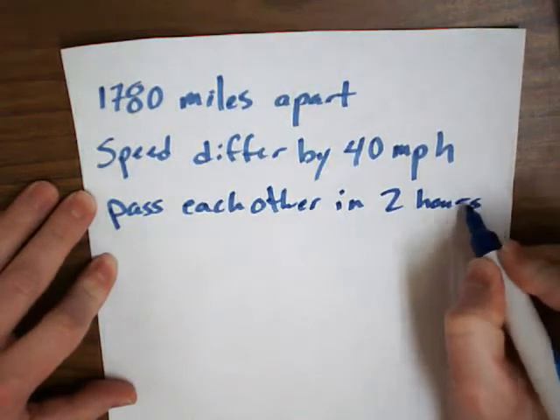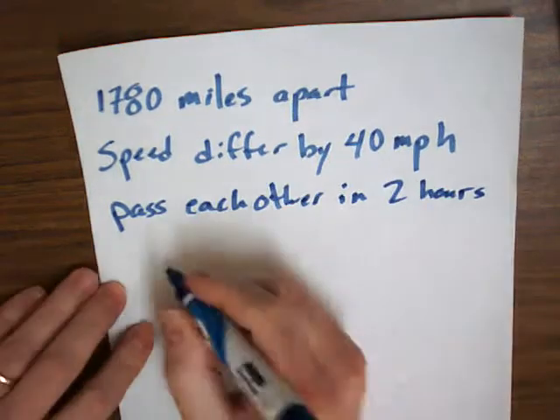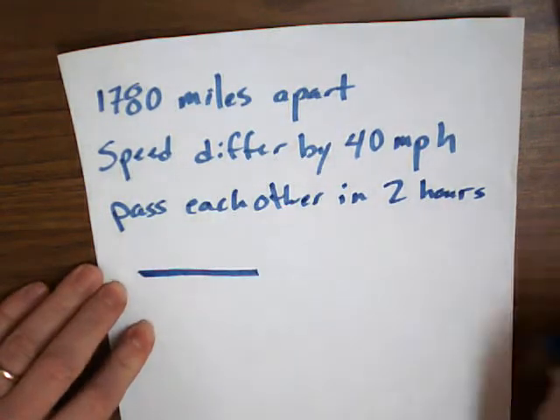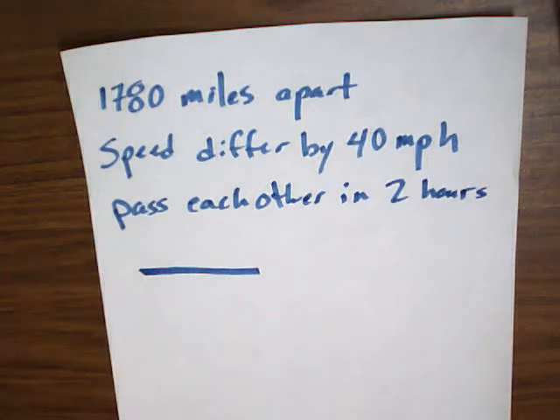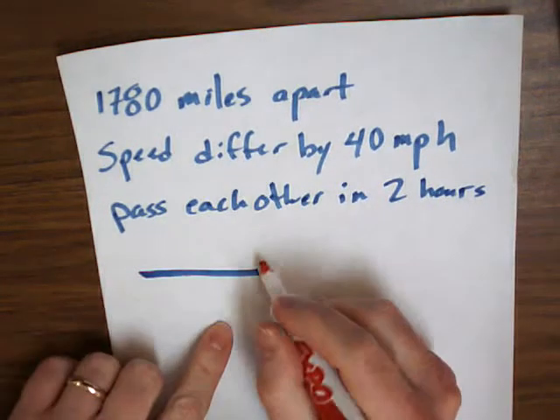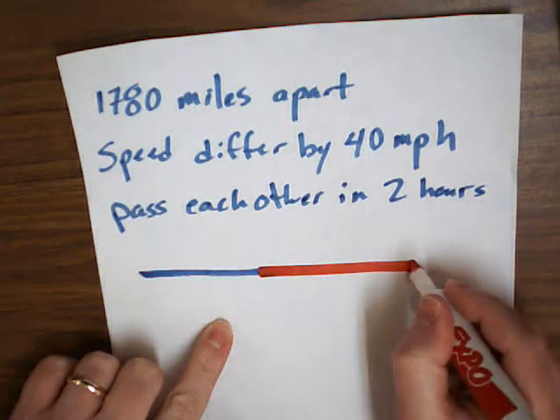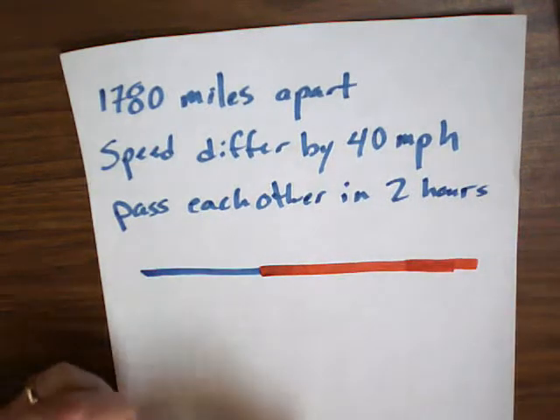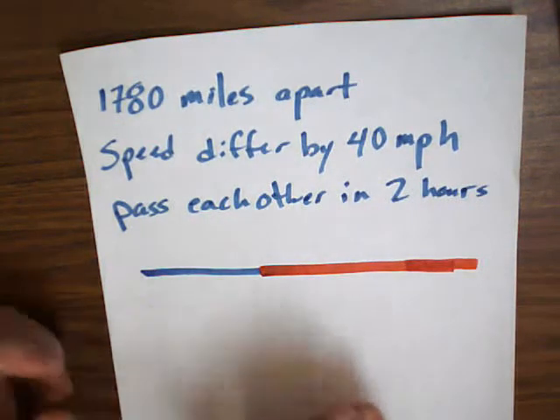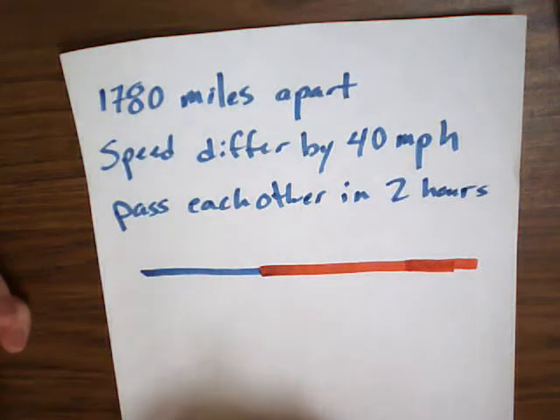So unlike the people that's moving across country, if this is plane 1, and then this is plane 2, I'm going to draw this red line longer because it's traveling faster, so it covers more ground.